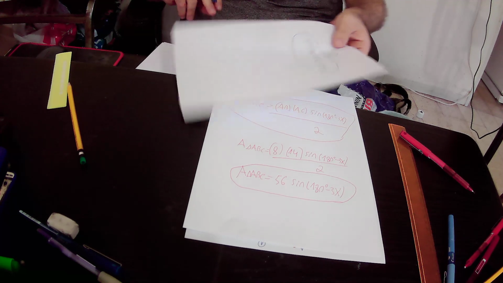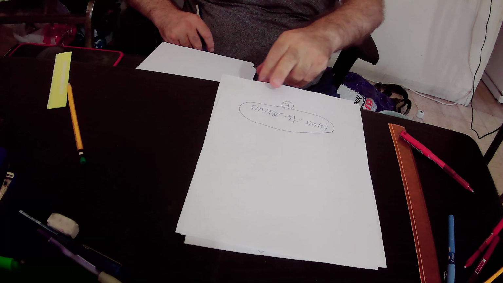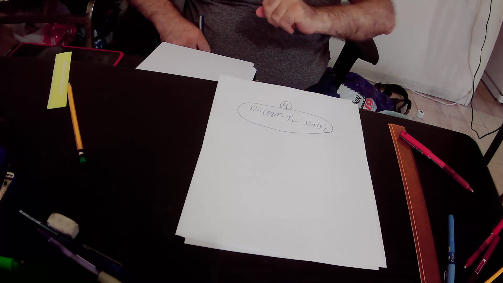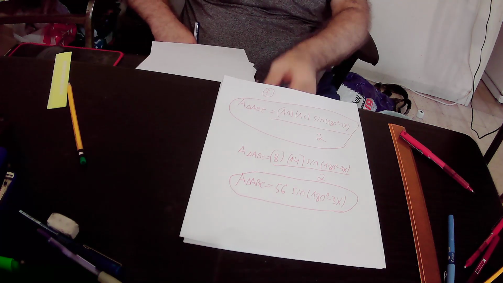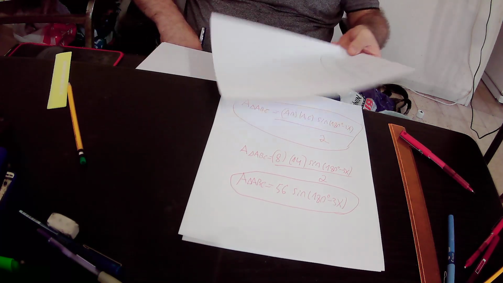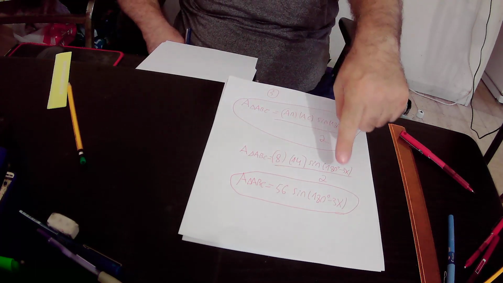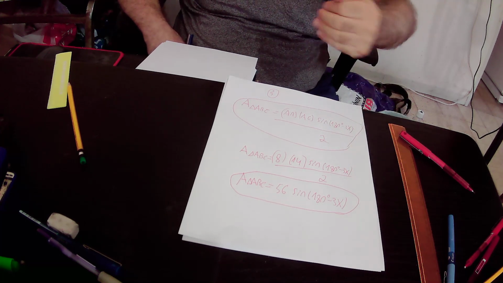We can implement this identity, because according to it, sine of 180 degrees minus 3x will be equal to sine 3x.